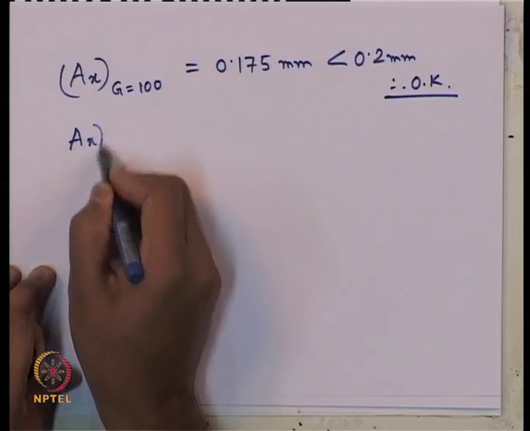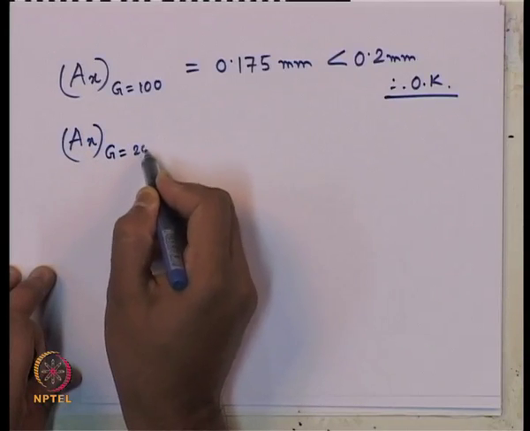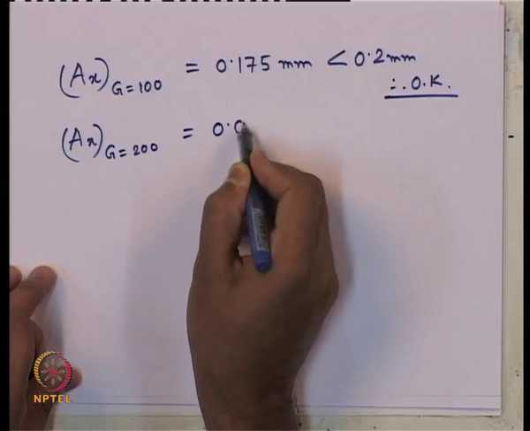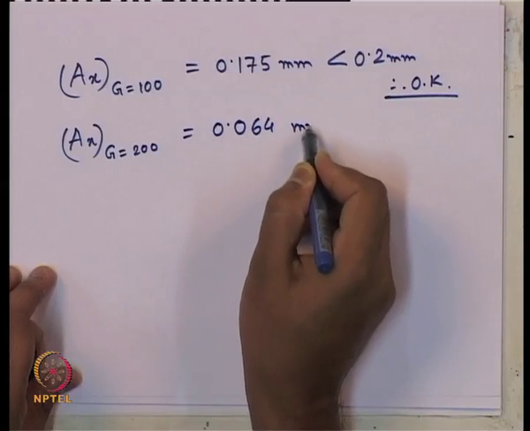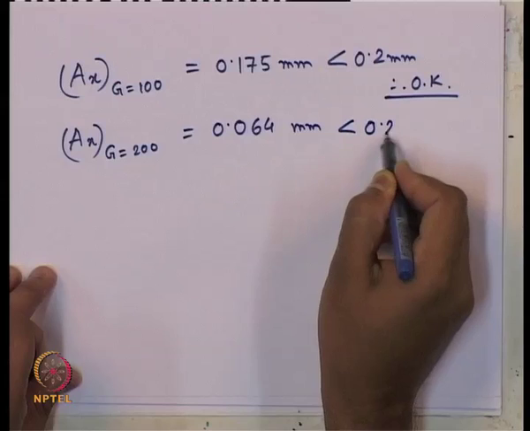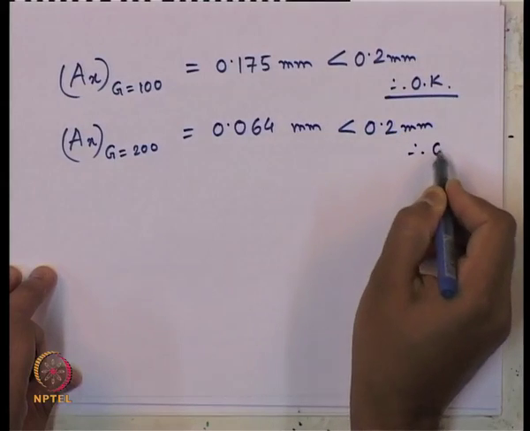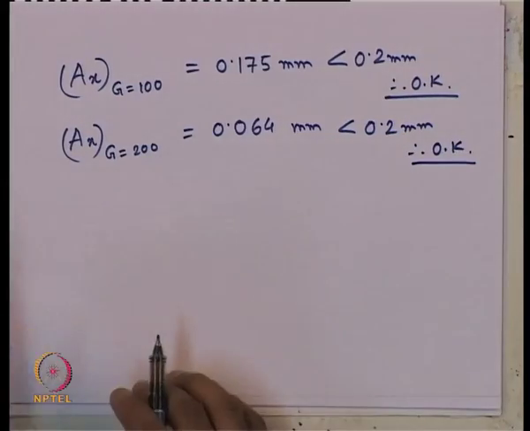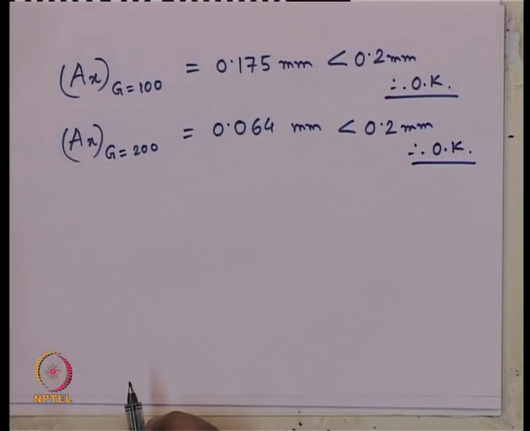And Ax for G equals to 200 TSF is 0.064 millimeter, which is less than 0.2 millimeter. Therefore, the design is okay. This is at operating frequency.